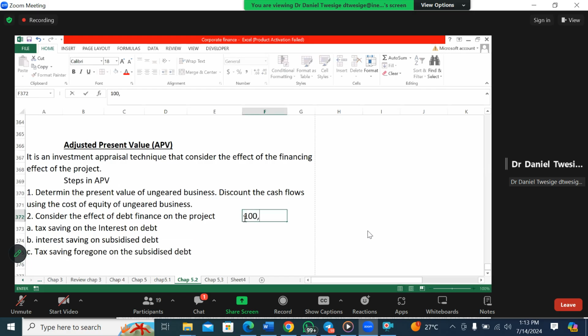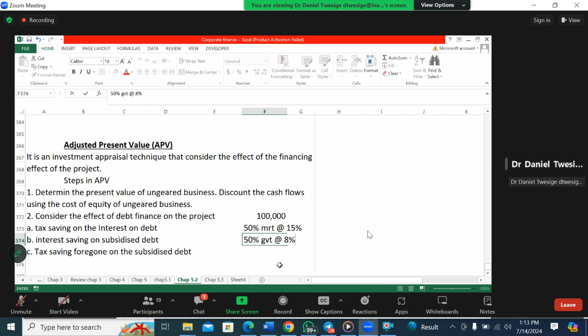project with 100 million, and maybe 50% of the debt is market, maybe at 15%. Let's assume that. Then another 50%, you are getting it from the government at 8%.